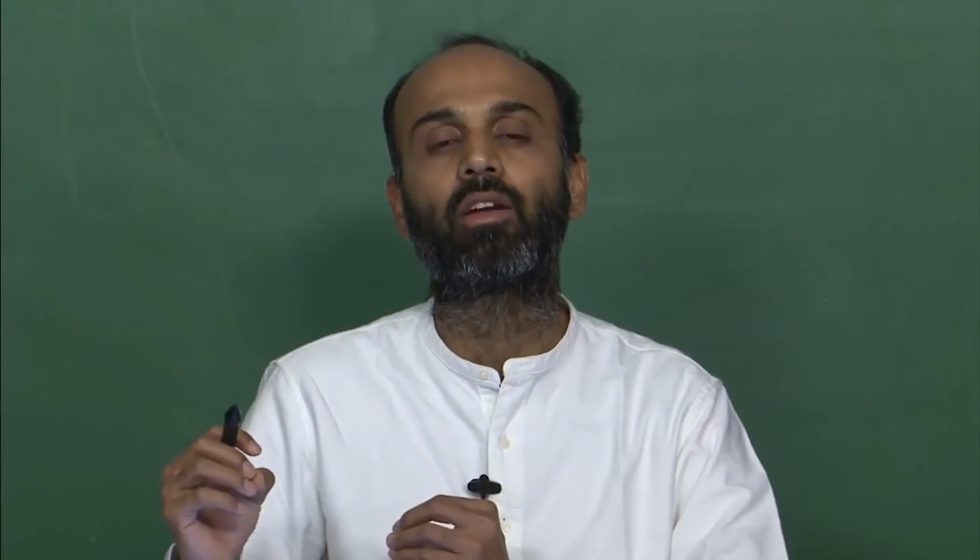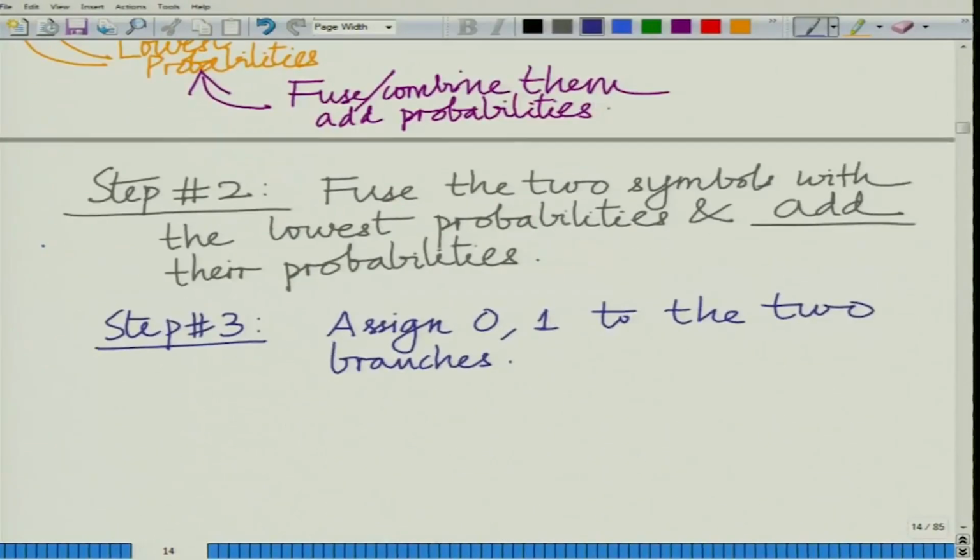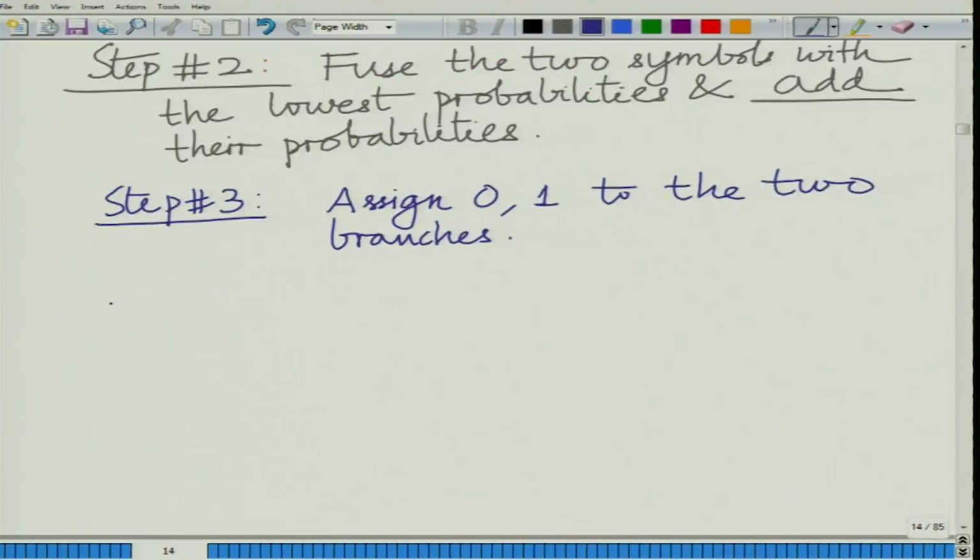And naturally when you fuse all the symbols, since you are adding their probabilities, the total probability of the net fused symbol remaining in the end will be 1. That is when we stop the scheme. So now step number 4, we reorder the probabilities. This is very simple.